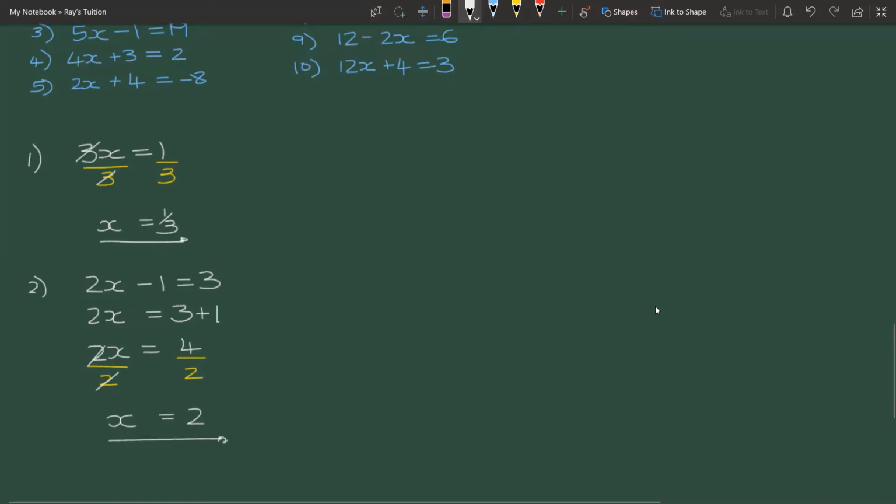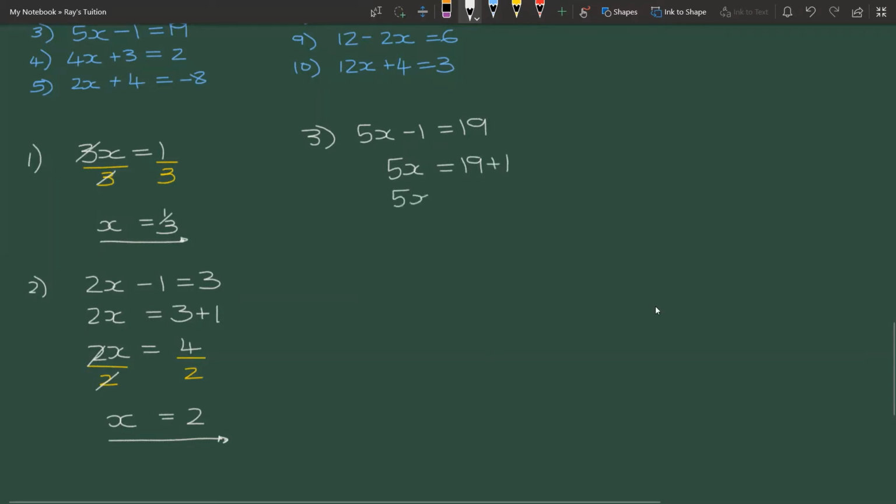Let us look at the third example. We have 5x minus 1 is equal to 19. Again, we would first like to get rid of this minus 1 by taking it over. So we're going to have 5x, and the 19 on that side would stay the same, but the 1 that we're taking over, its sign will change to positive 1.